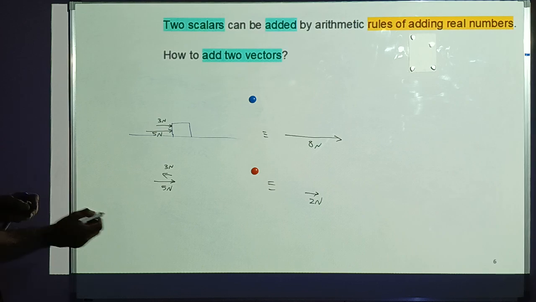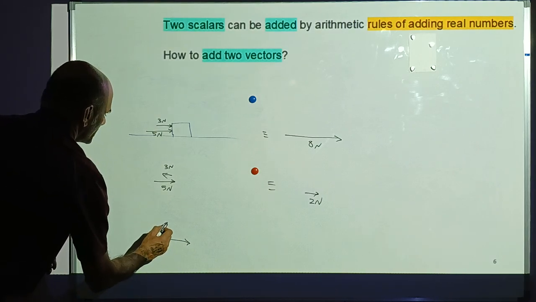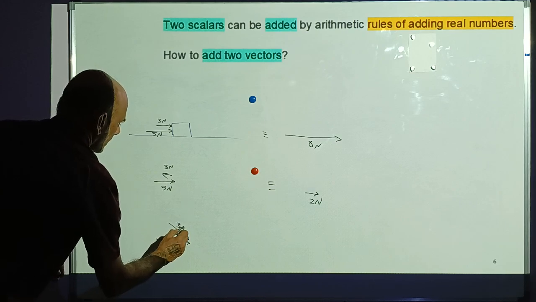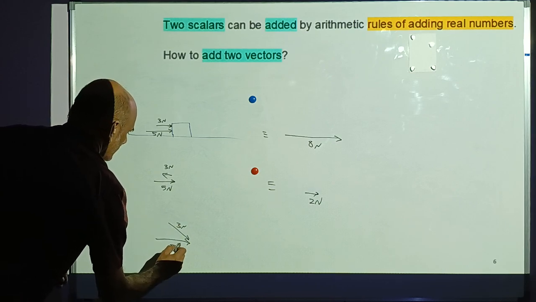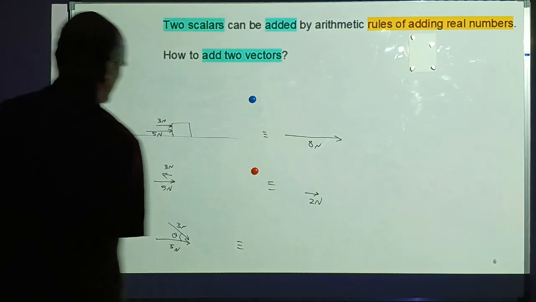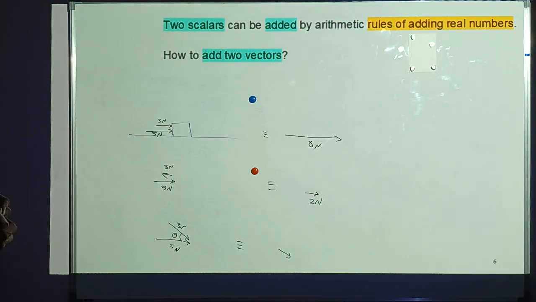But if you take a general case where the second force is not at 0 degrees or 180 degrees, but some arbitrary angle, say an angle theta, then this is equivalent to how much force? That I have to find out. So to do that, we need a rule to add the two vectors.